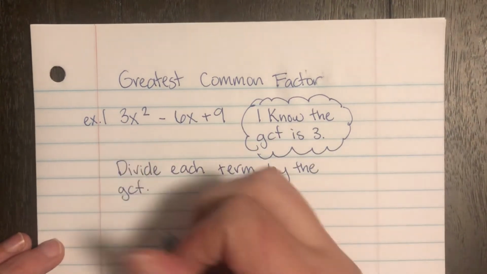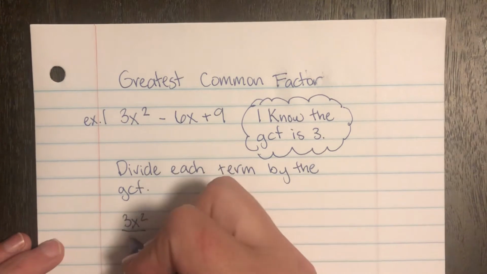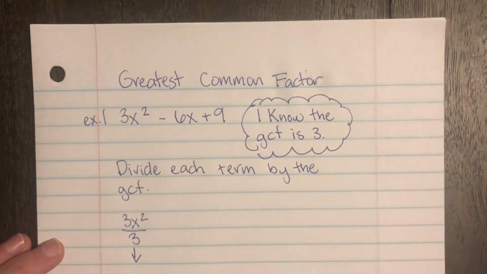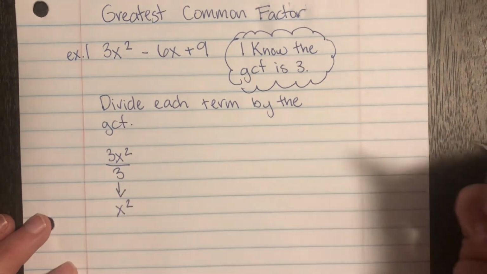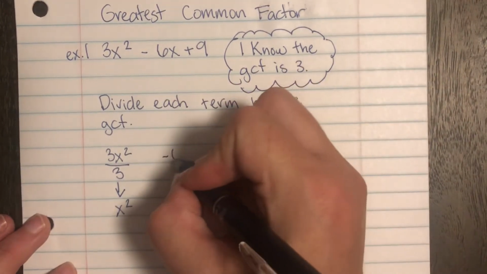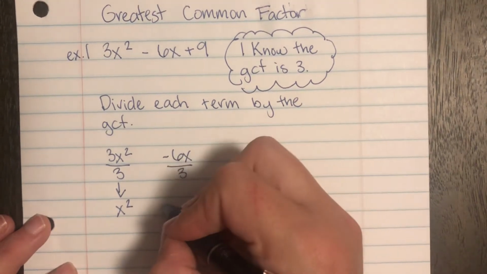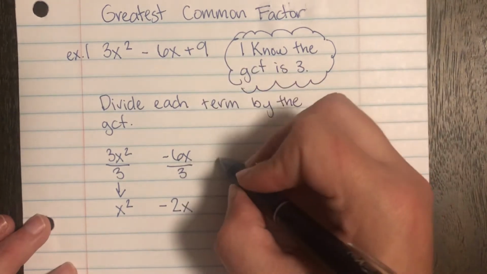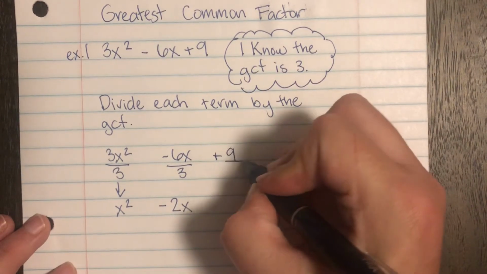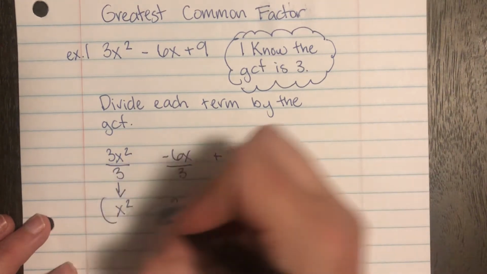So I'm going to take 3x squared and divide it by 3. That leaves me with just x squared. The next one is negative 6x, or minus 6x, divided by 3 gives me negative 2x. And then the last one, plus 9 divided by 3 is 3.